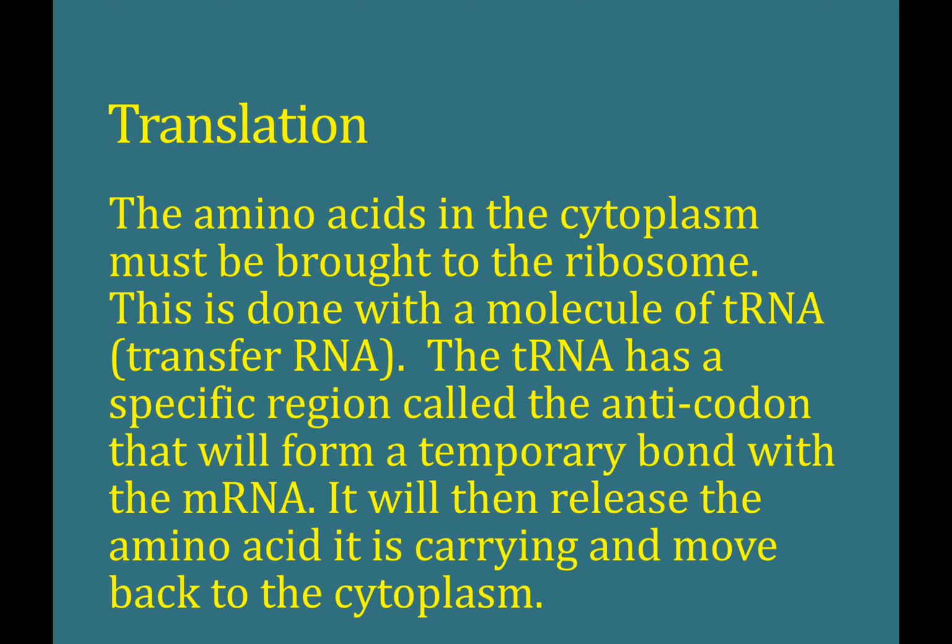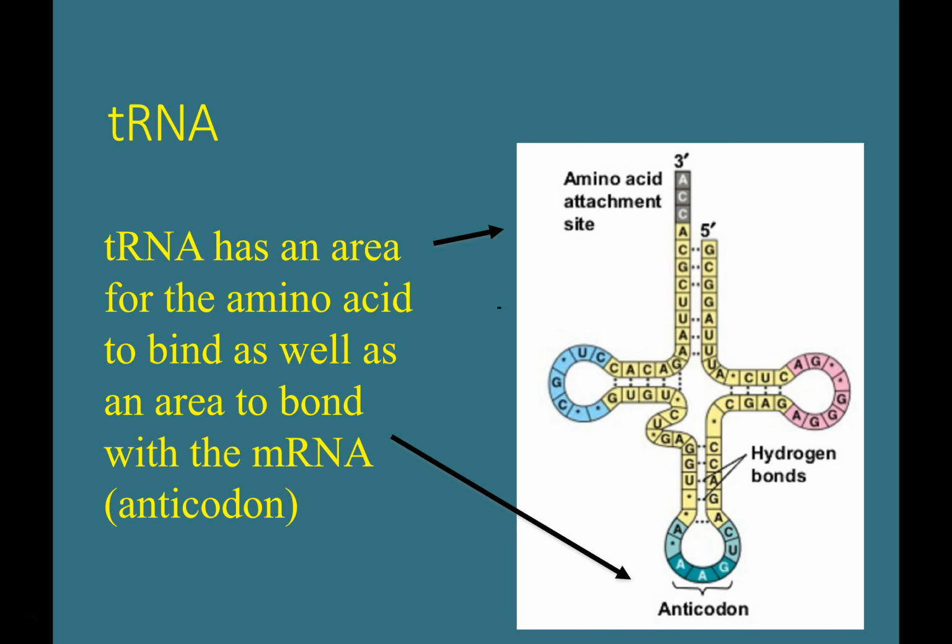And translation is what we just did. Translation is the act of bringing the amino acids that are floating in the cytoplasm to the ribosome, and it's done with the help of a tRNA molecule, kind of like an Uber. Now, a tRNA molecule is kind of funky, and once again, you know that it's RNA because of the U's.